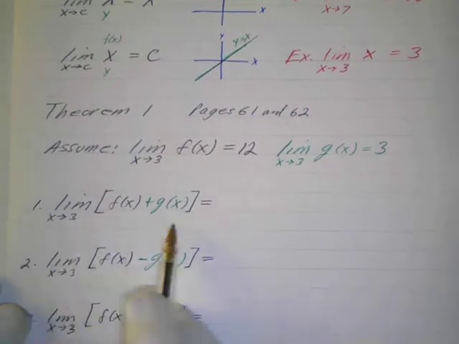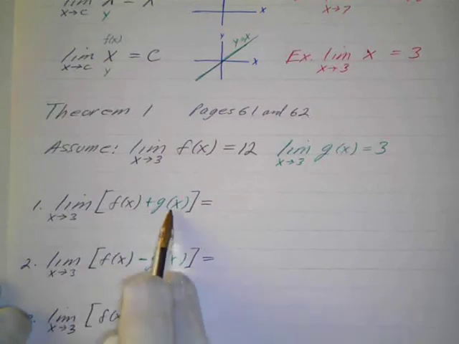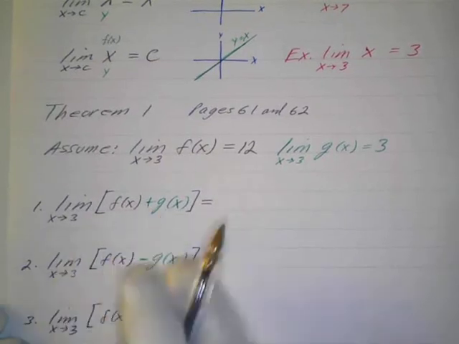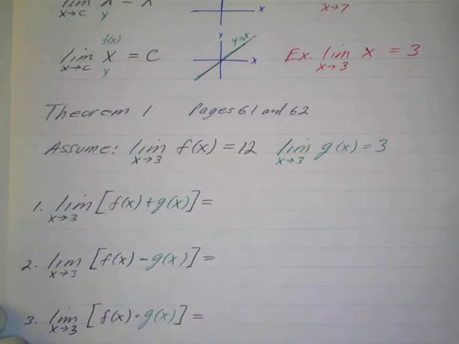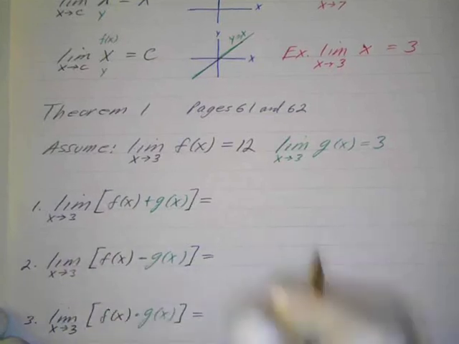So let's take a look at how we would do the limit of the sum. And again, these are on page 61. The statement of that theorem, part 1 on page 61, would be the limit of the sum is the sum of the limits.